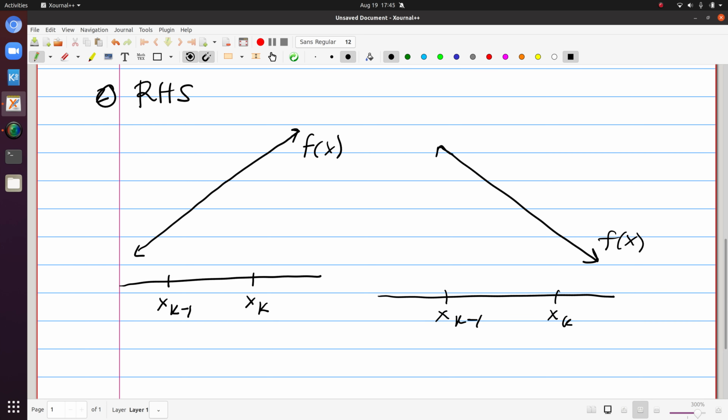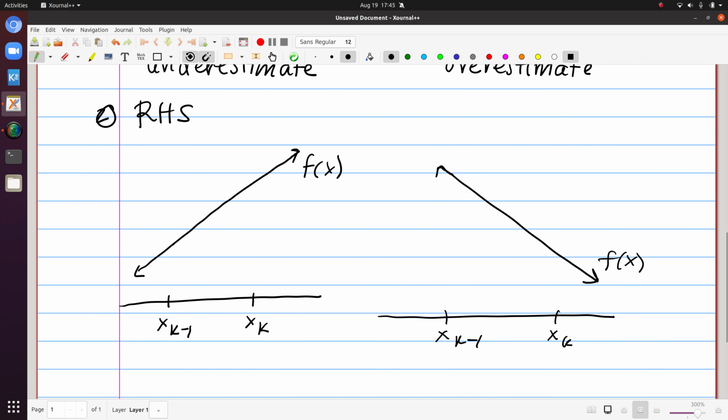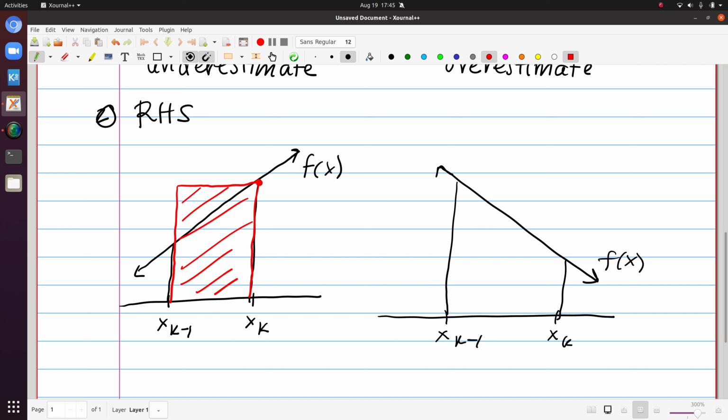So in this instance, again, let's think about what it would look like. But here I want to draw the right-hand sum. For this rectangle, the right-hand sum would choose that height. Consequently, we're considering this shaded area.